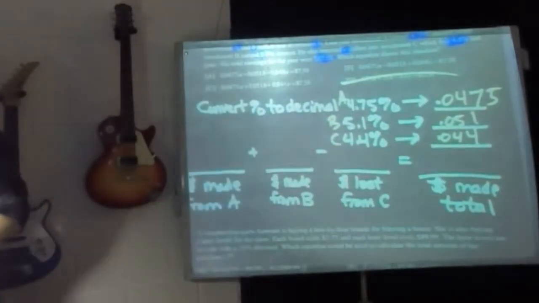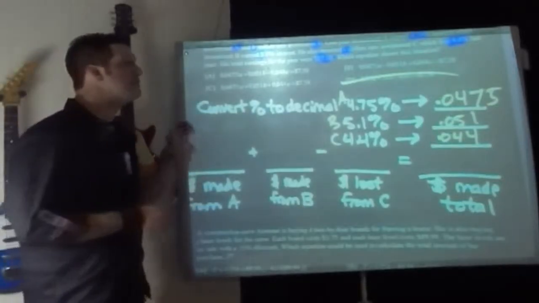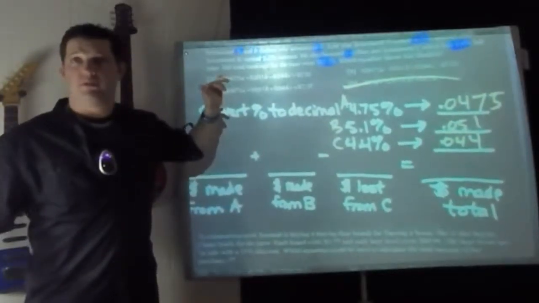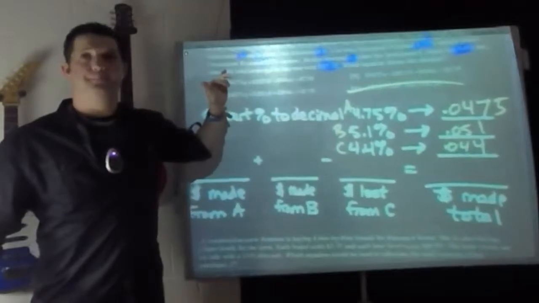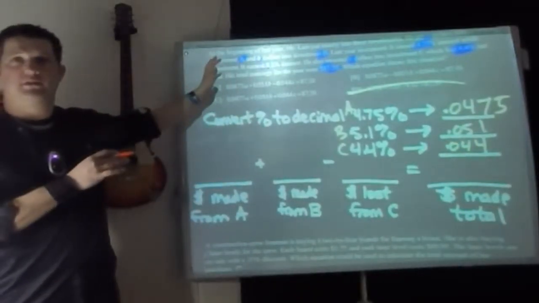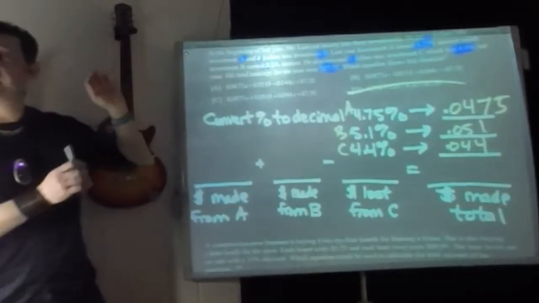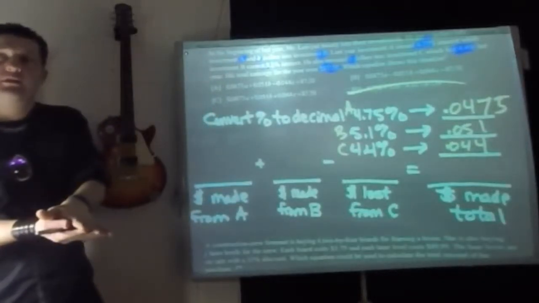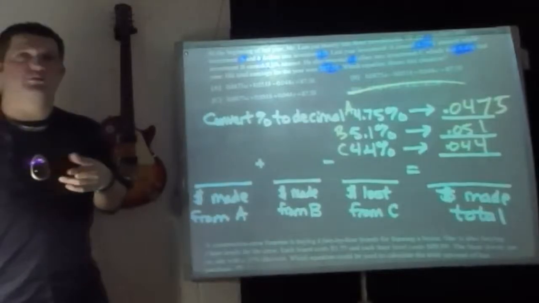The amount he made from A. So how much money did he put in A? 0.0475. No, how much money did he put in A? $4.75. No, you're talking about how much interest he made. A. We don't know, so we have a letter for it.